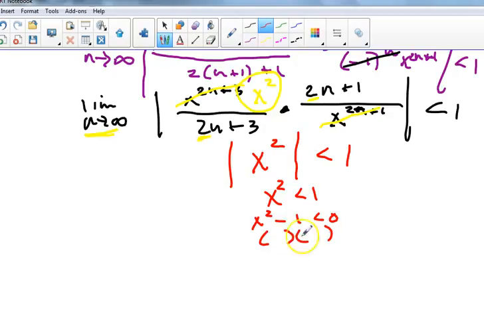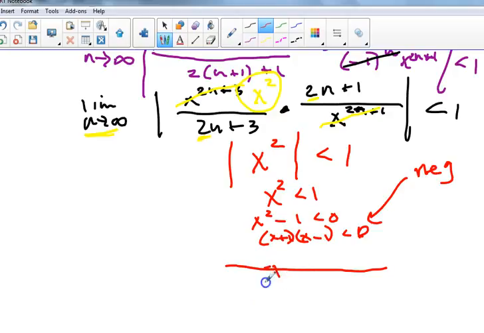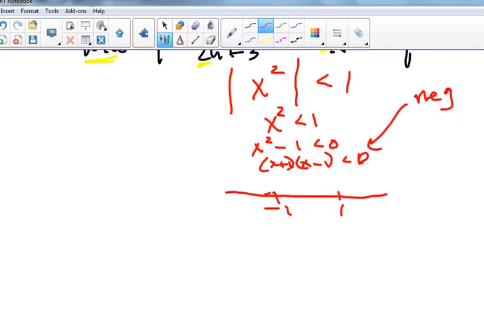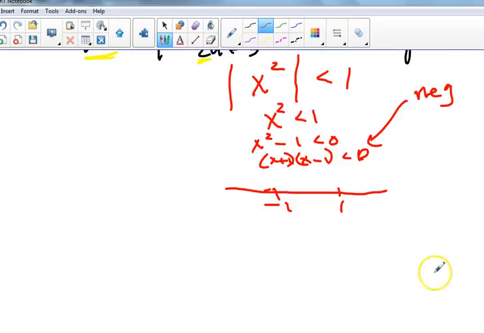So factoring this, I get x plus 1, x minus 1, has to be less than 0. I'm looking for the interval where this quantity is negative. We want to know where is this whole thing negative. So you bust out a number line. You say my important numbers are -1 and 1. Pull this down a little bit. I don't know about the endpoints.